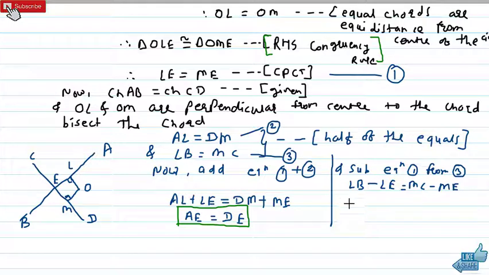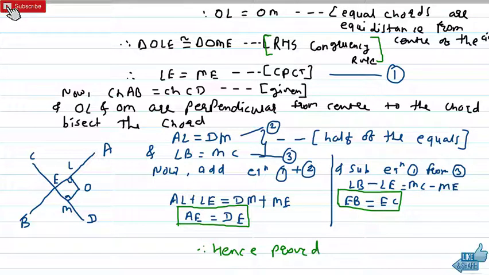So we just write here EB, and here MC minus ME, that is EC. And that is our second corresponding part. Hence proved. That we have to prove, correct?